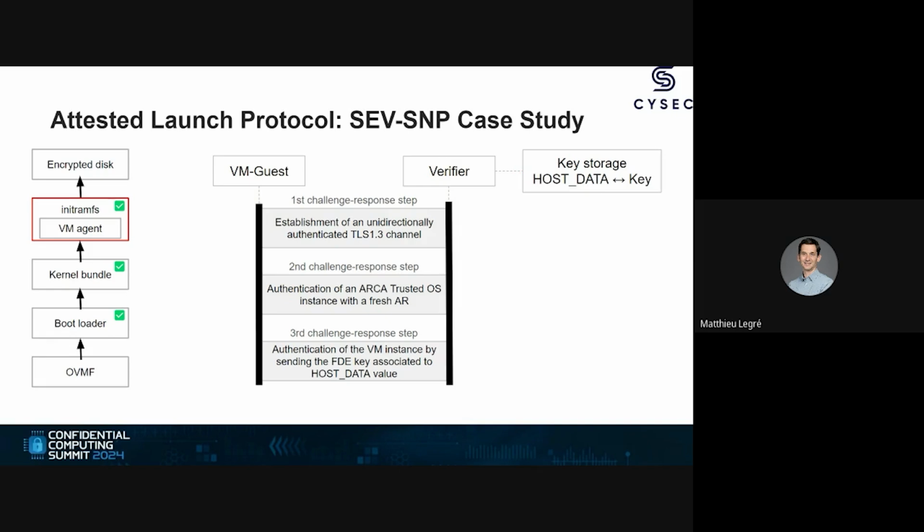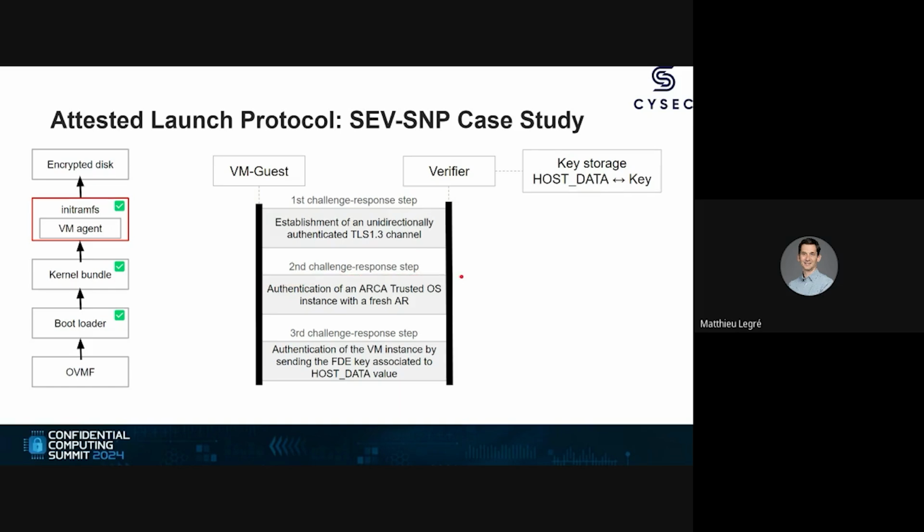Okay. Then there is the second challenge step. And this is when the verifier sends a nonce to the VM agent, which will request an attestation report from the CPU with the nonce, so as to get a fresh one, and send this attestation report to the verifier.